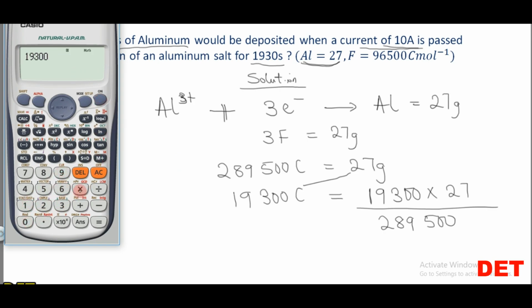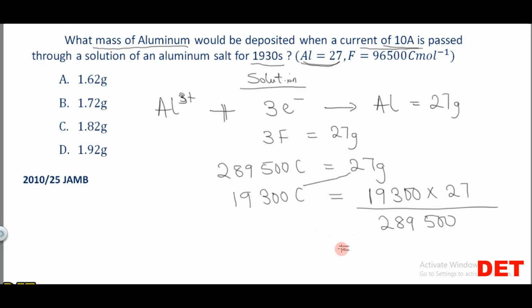So if we bring out our calculator, this will be 19,300 times 27, divided by 289,500. That will be equal to 1.8.